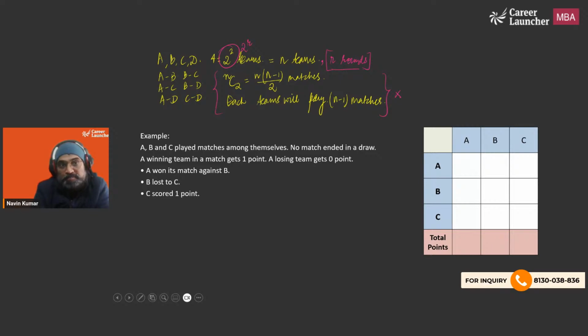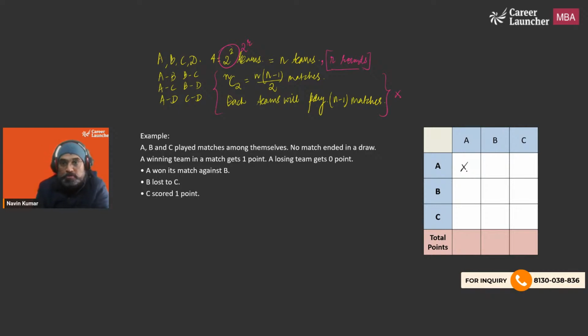Since we have 3 teams here, A, B, and C, we are going to put 3 rows and 3 columns. Here, each row and column combination, which means a cell, will represent which team will play against which other team. So this cell represents when A plays against A, which is not going to happen because no team is going to play against itself.